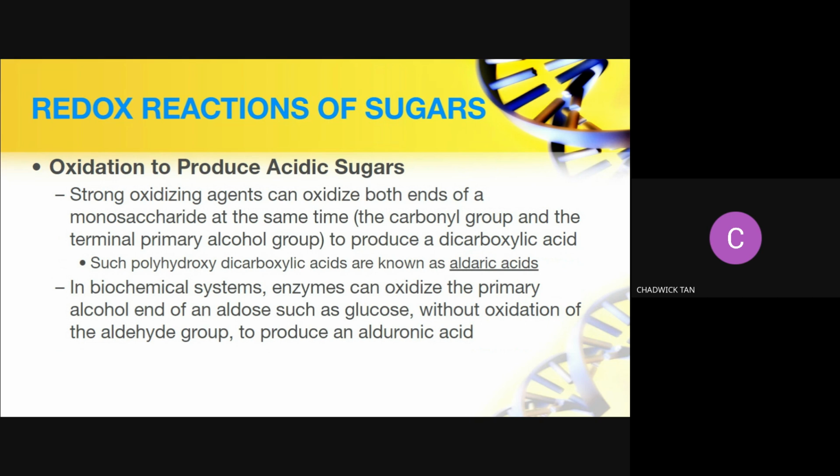So, pag i-react mo yung blood mo dun sa strip, sa detector, so ang glucose mo mag-react dun sa enzyme, you produce hydrogen peroxide. Ito yung dinedetect niya as yung 1:1 ratio ng hydrogen peroxide dun sa glucose. So, this will give you the exact amount of glucose in your blood.